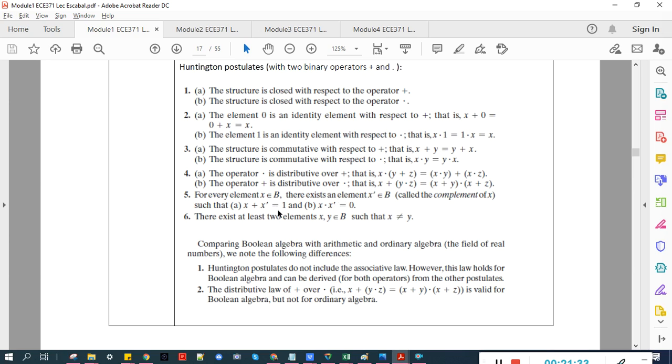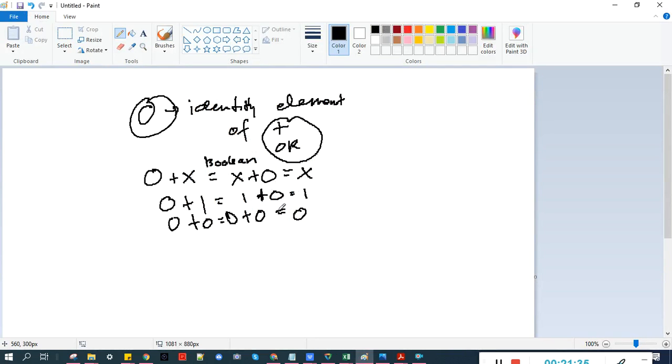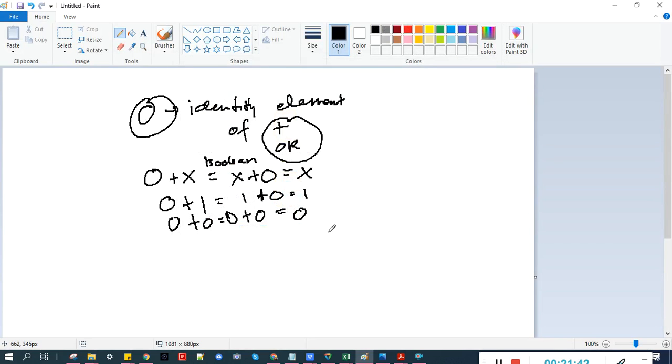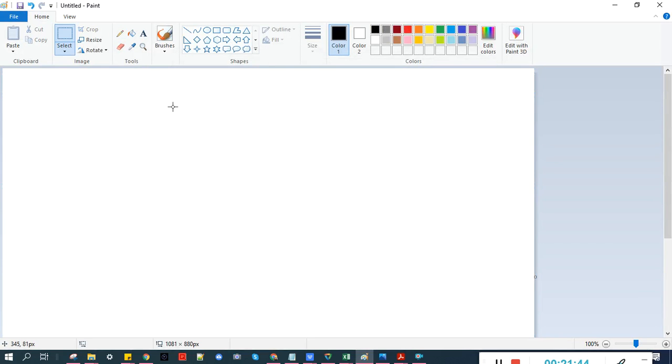Let's explain that here. X ORed with its complement is 1, and x ANDed with its complement is 0.